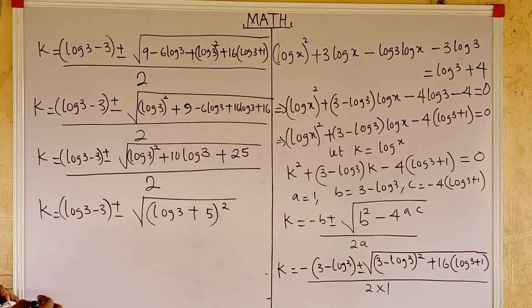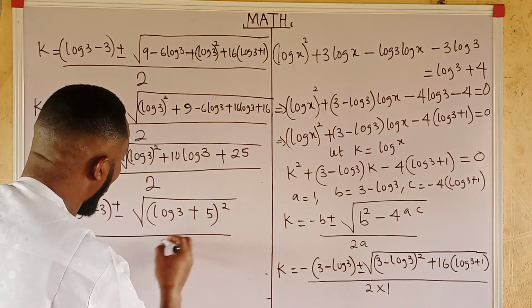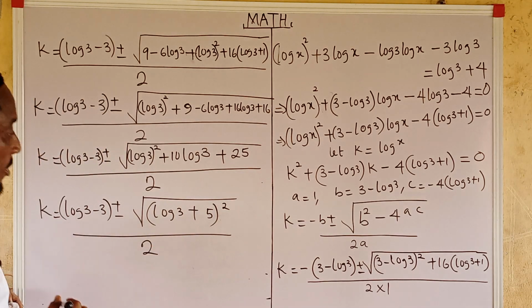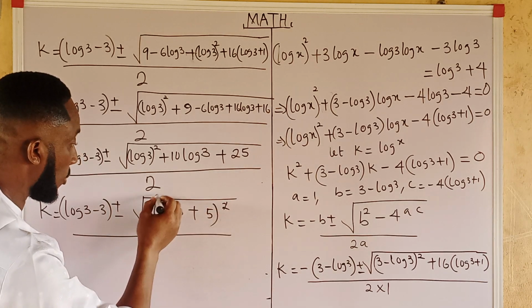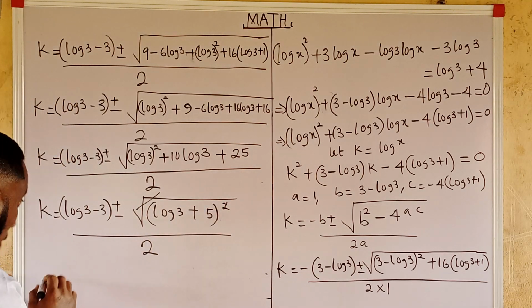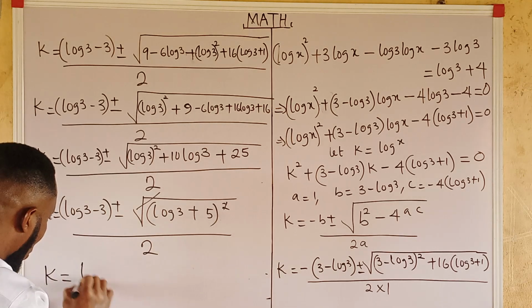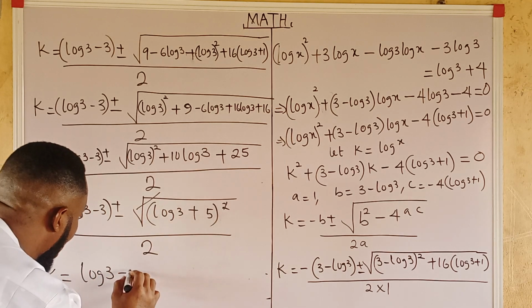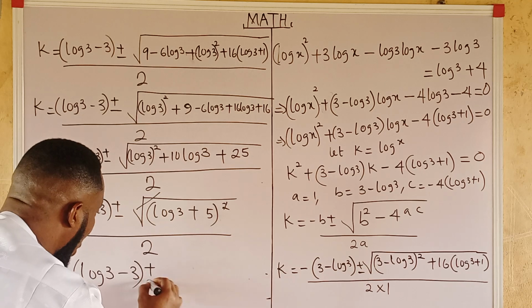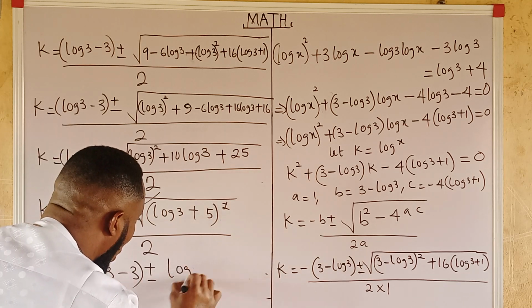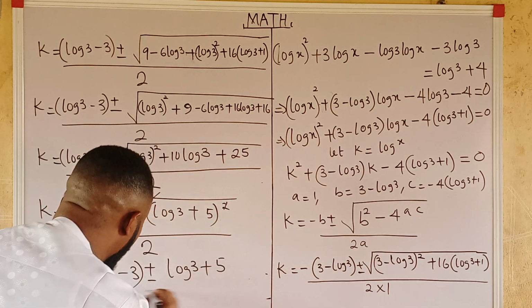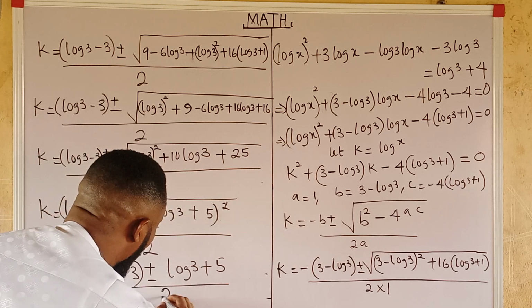So this is the killer punch. All over 2. The square here, we undo the square root. We are left with k equal to (log 3 minus 3) plus or minus (log 3 plus 5), all divided by 2.